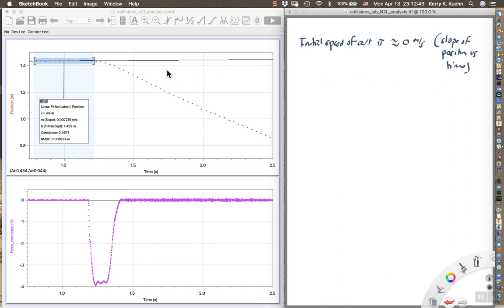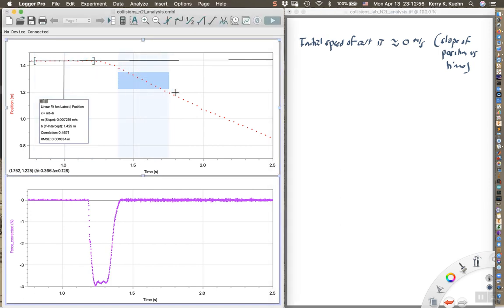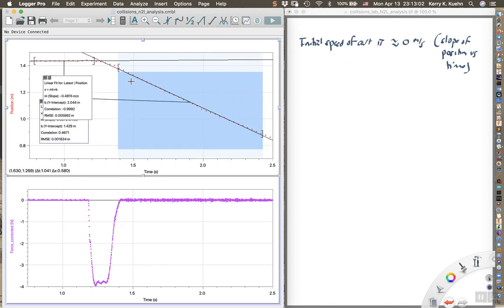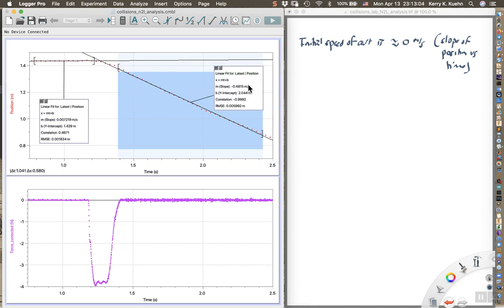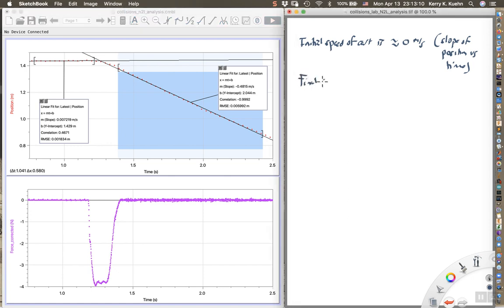Okay, and then in this region over here, after I have applied this force, I'm going to do another linear fit. So I'm doing a straight line fit to my data, and the slope, so that is the final speed, the speed after I applied the force, is negative 0.4815 meters per second.